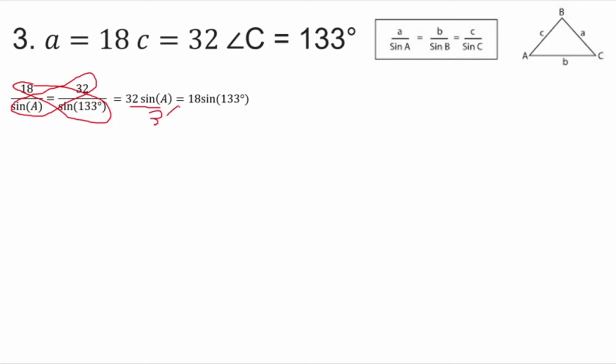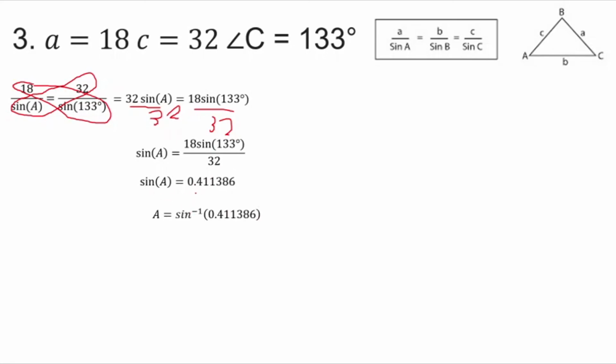Do what we do on one side to the other side. This is not very good handwriting. So we have sine A equals 18 sine 133 over 32. Simplify this, gives you sine A equals 0.44. Take the inverse sine of both sides, sine to the -1, which this would be 24.29 degrees.